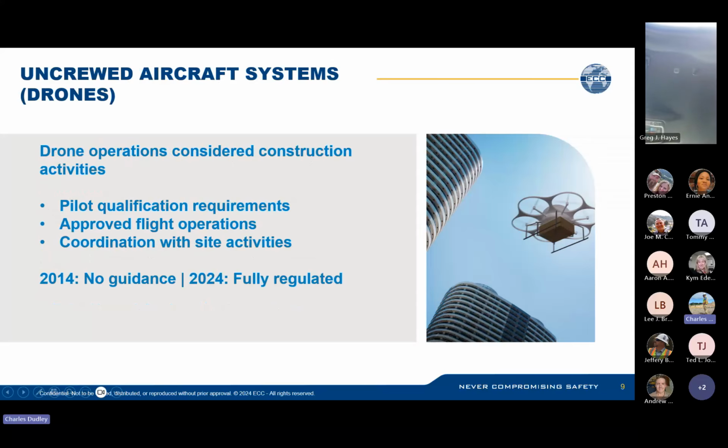All right. Uncrewed aircraft, or drones. Drone operations are considered construction activities now. There's FAA pilot qualifications. You have to have approved flight operations, and then you've got to coordinate with the site, the FAA, and base, the client. They're going to start using drones more often than not, in my opinion, right?